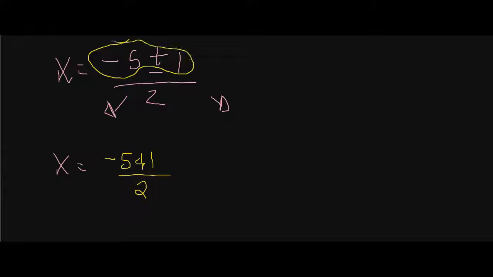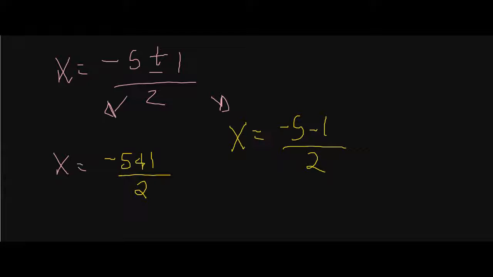Last but not least, let's break these up into two equations. We're going to get x is equal to negative 5 plus 1 all divided by 2. This is just from this section here. And then we're going to get x is equal to negative 5 minus 1, so negative 5 minus 1 all divided by 2.